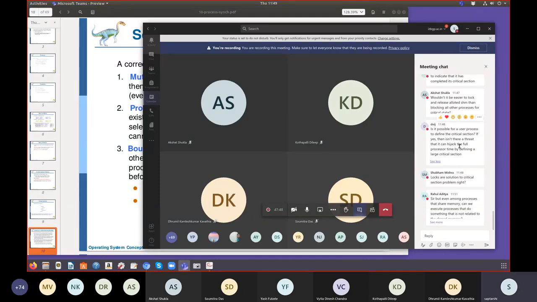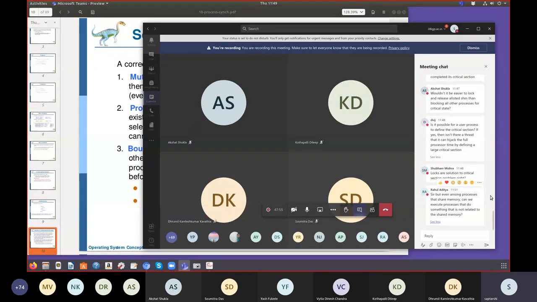Okay, and Rahul has a question. Even among processes that share memory, can we execute processes that do something that is not related to memory? Of course. Rahul has a good question, so what do you think is the answer?